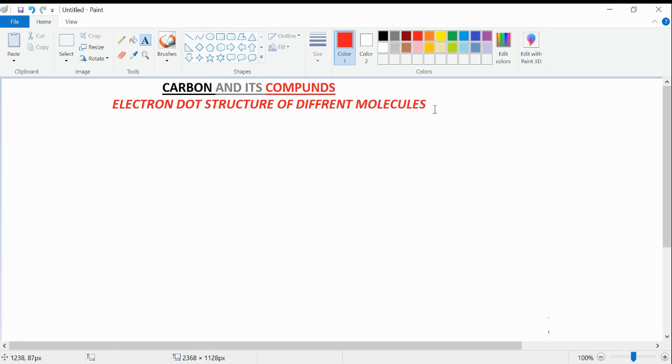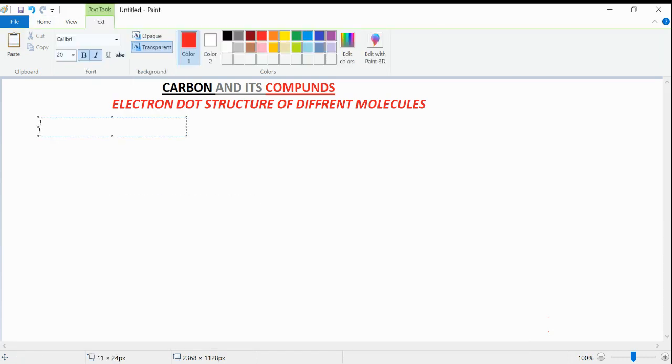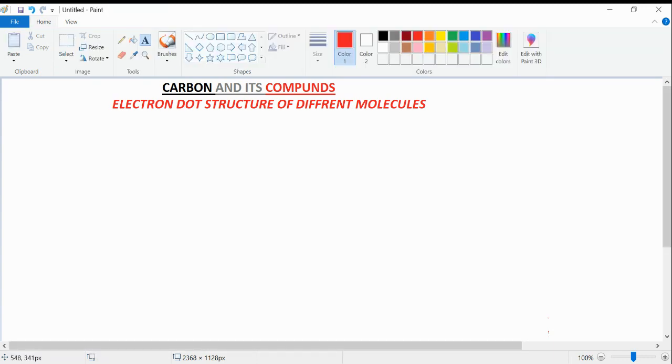This is cyclopentane. Cyclopentane, and its molecular formula is C5H10.